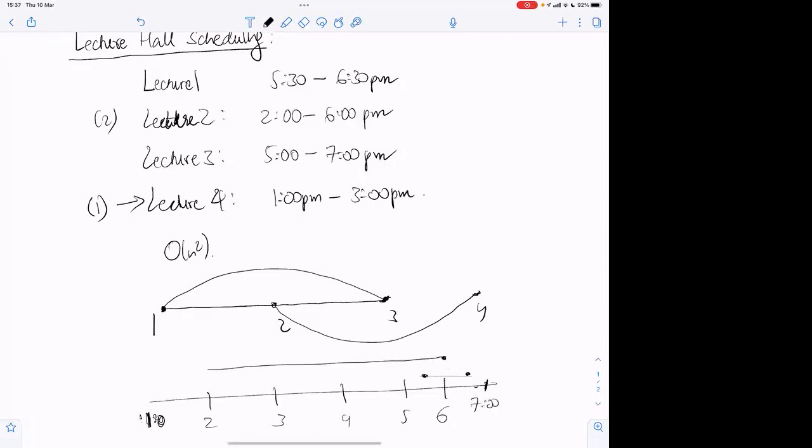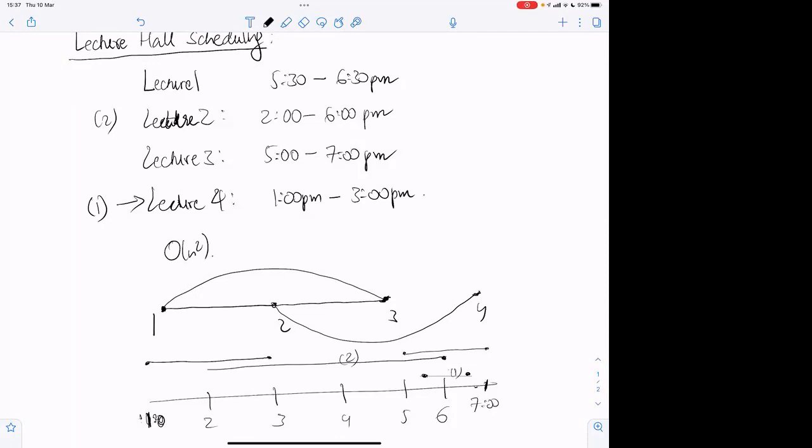Lecture 3 goes from 5 to 7 p.m. And lecture 4 goes from 1 to 3 p.m. So this is another way to represent the same data.